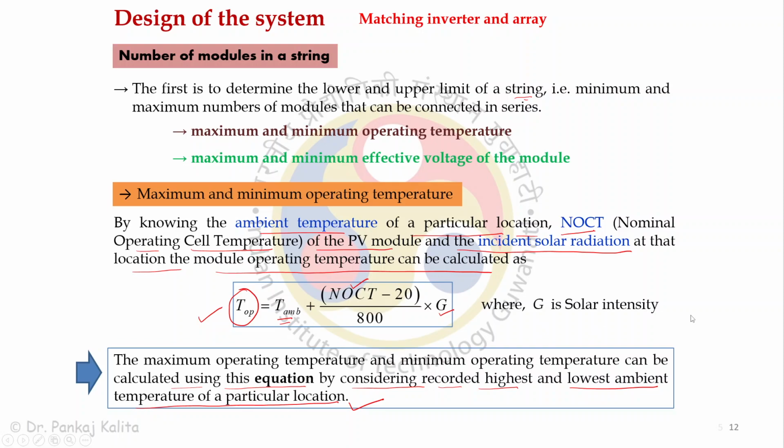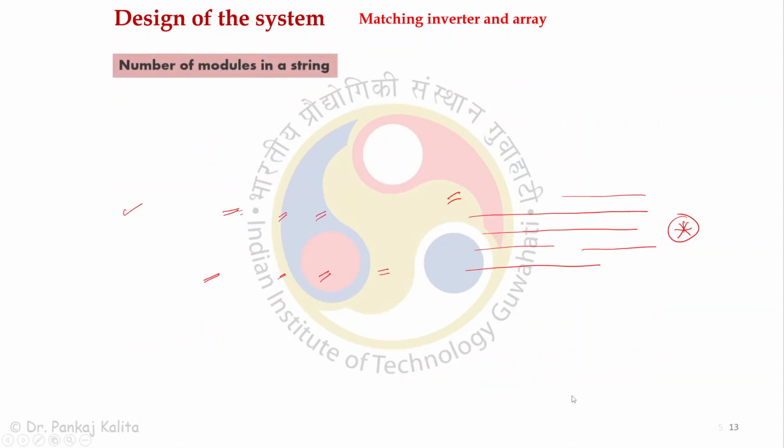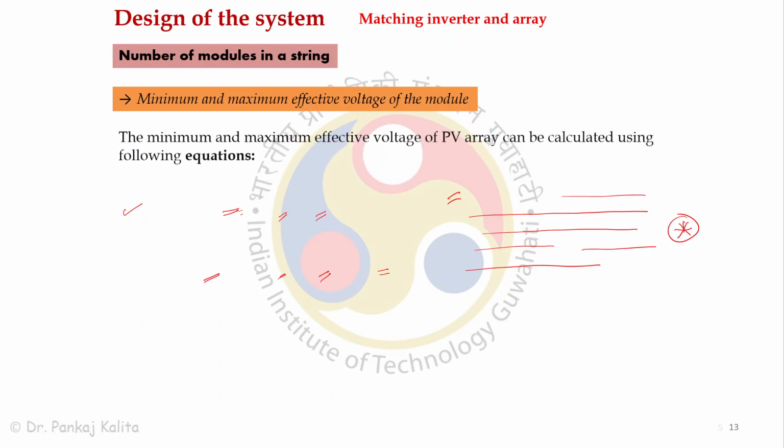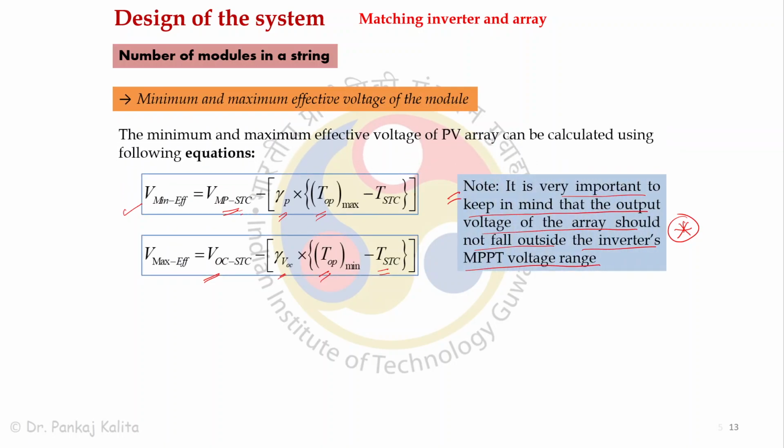G is the solar intensity, in kilowatt per meter square. So these equations you have to use to calculate the minimum and maximum effective voltage of the PV array.